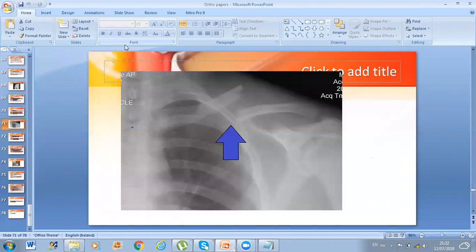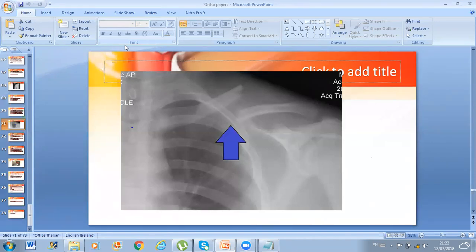Bilateral clavicle fractures: I have never seen one. If you have seen it, you can put it as a relative indication, no problem. So absolute are open fracture, skin tenting, and neurovascular deficit. Relative are floating shoulder, shortening more than 15-20 mm, and comminution.